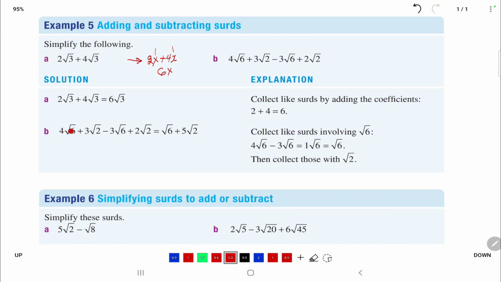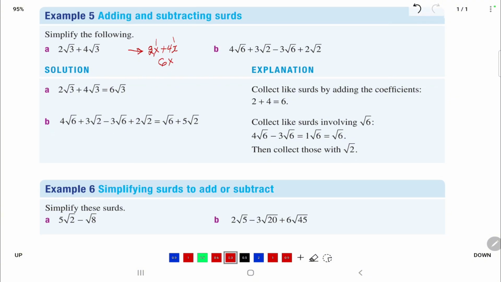4 multiplied by the square root of 6 plus 3 multiplied by the square root of 2 minus 3 multiplied by the square root of 6 plus 2 multiplied by the square root of 2. You see here the explanation.